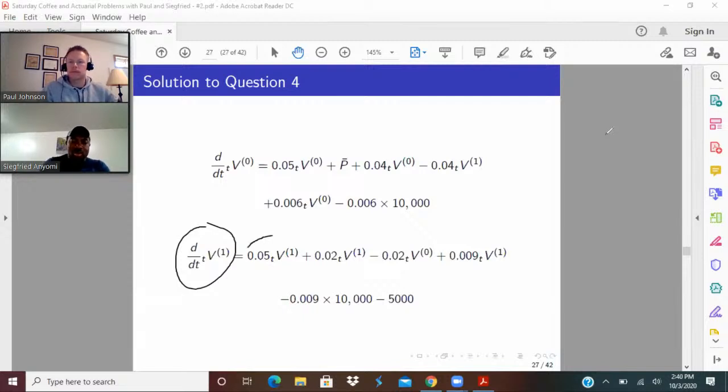So that's what the 0.05 times V, the reserve in state 1, is accounting for over here. Next, if you're in state 1, you are not expected to pay premiums, so we don't need to account for any premiums there.